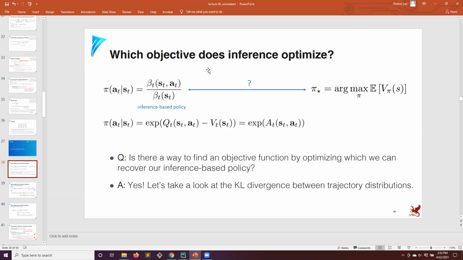And we will actually look at that now. The idea is to compute the KL divergence between a policy and the optimal policy, and then find a way to minimize that.